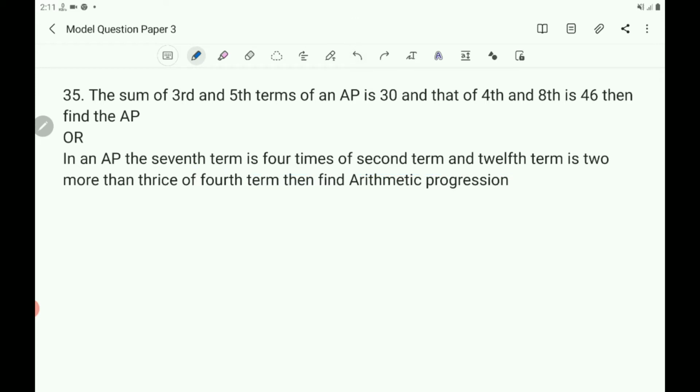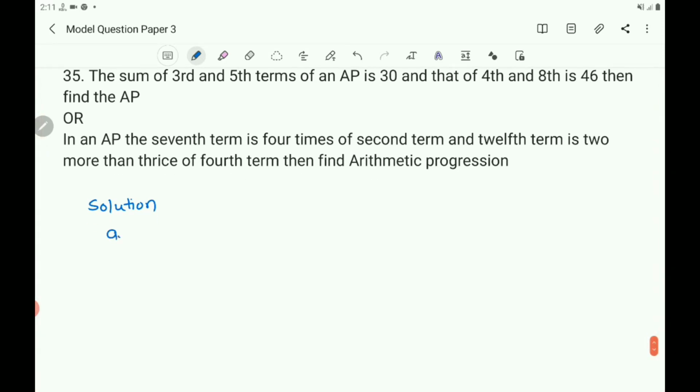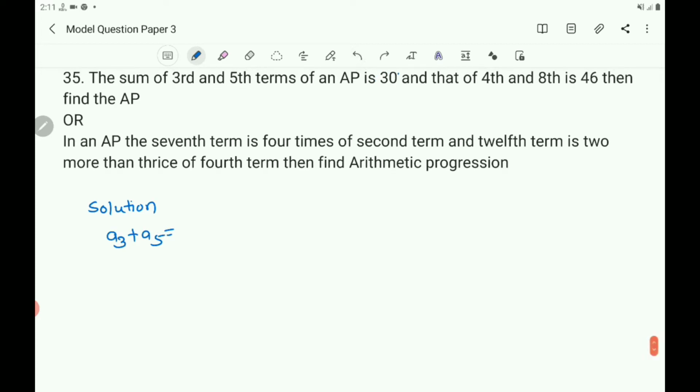Now let me solve both the questions. So let us take first one. The sum of third term and fifth term. Third term means A3. So write solution of the first one. A3 plus A5 equals how much? 30.